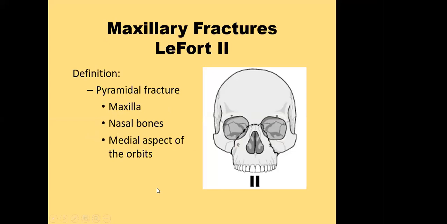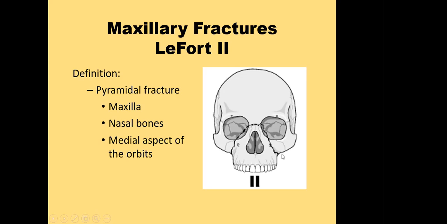So in other injuries, you get what we call a Lefort 2. Its core characteristic is it's a pyramidal fracture. It is like a pyramid. You can see that there's an apex and there's a base. This is the base of the pyramid. This is the apex of the what? Pyramid. So it detaches the mid face.